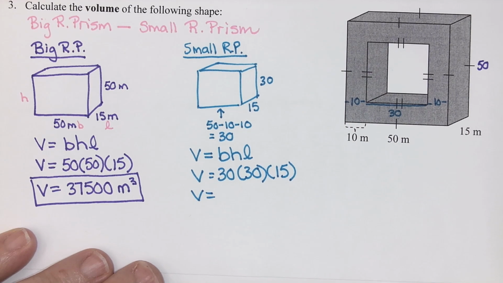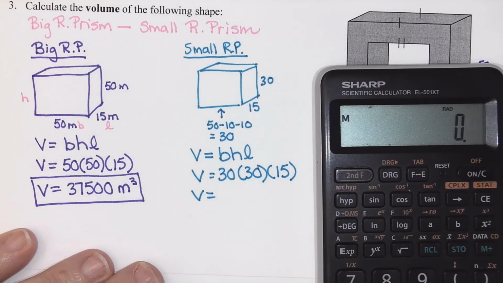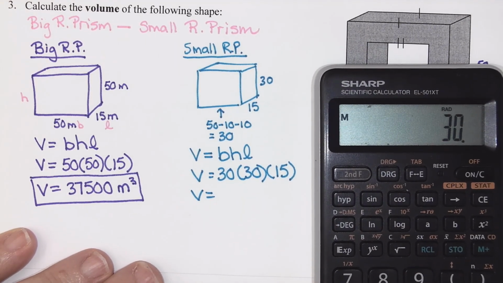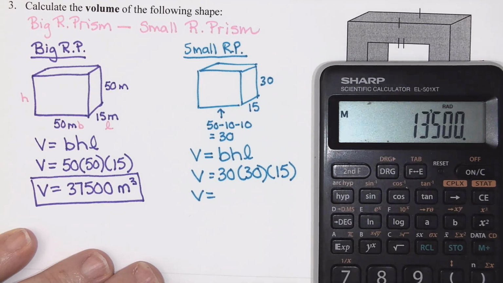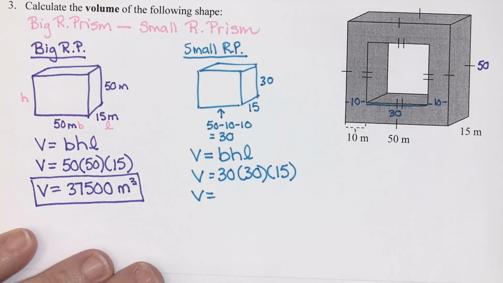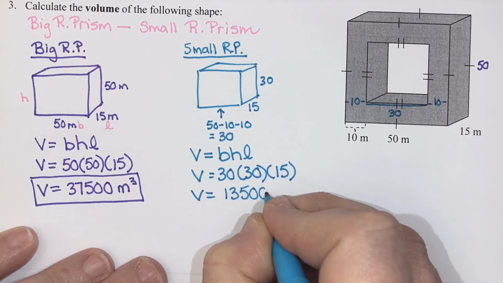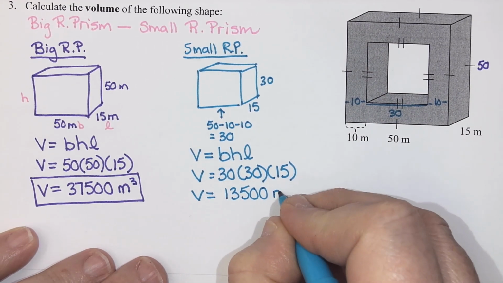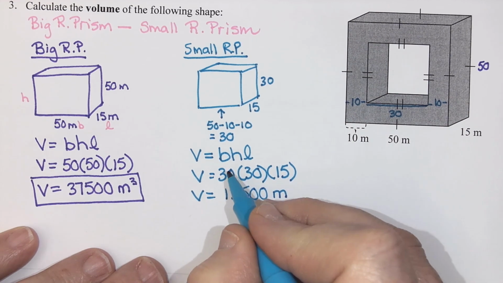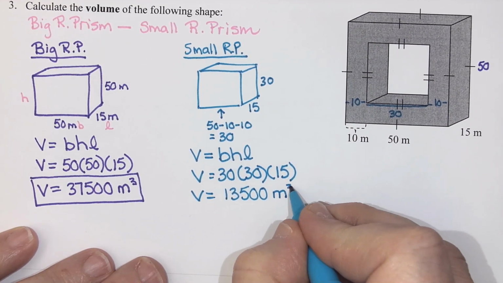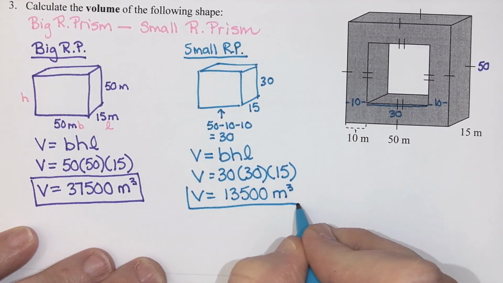Okay, so on my calculator, I'm going to do 30 times 30 times 15, and I get 13,500. And that's going to be meters, and it is volume. We multiplied 3 things together that had meters, so that is going to be meters cubed.